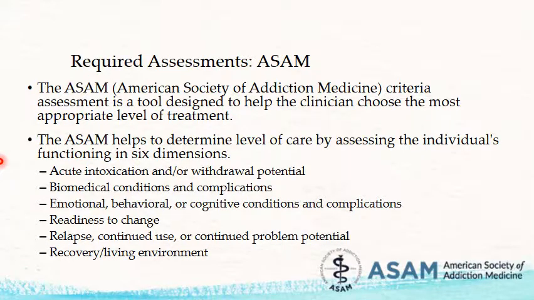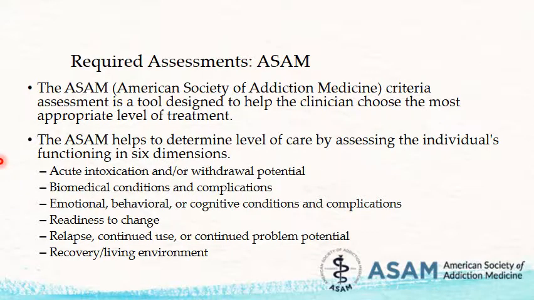Biomedical conditions and complications, we're looking at physical health problems that need attention. If a person is having a severe health problem, we're definitely going to want to seek assistance with those and treat those symptoms before we look at some of the mental health symptoms that may be present.